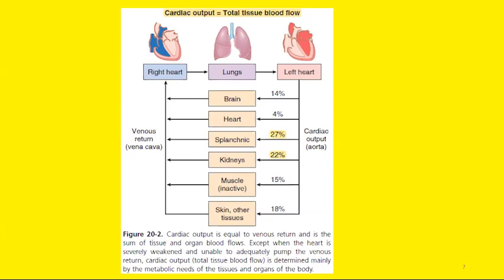The amount of blood entering from the periphery into the right atrium is the venous return. And these two parameters, cardiac output and venous return, are directly proportional to each other. Greater the amount of blood entering the heart, greater will be the cardiac output, and vice versa. And this is known as the Frank Starling's law. We will discuss that later.